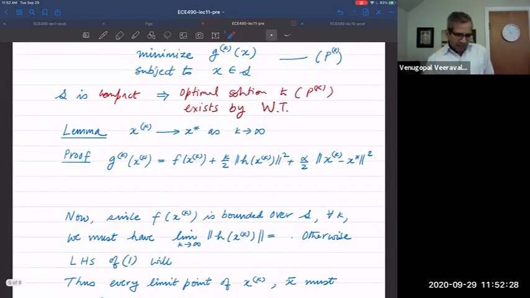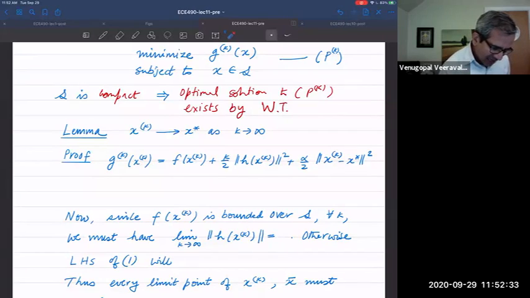Okay, first let's look at this. By definition, g_k of x_k at the optimum value is f of x_k plus k over 2 h of x_k squared and so on. I'm just plugging in x_k in place of x on the right hand side of this equation.